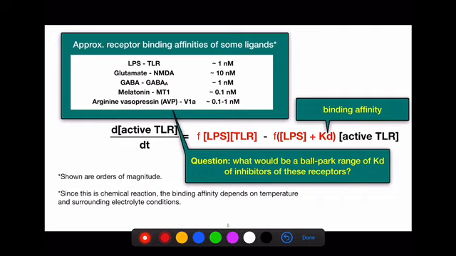Well, what happens is if you have a higher binding affinity to the receptor, the inhibitor will bind to the receptor, and thus it will prevent binding of the actual original ligand. So a good inhibitor will have a higher binding affinity, even compared to the binding affinity to the original ligand. But in the ballpark range, they have approximately the same binding affinity to the original ligand. That will be the answer.